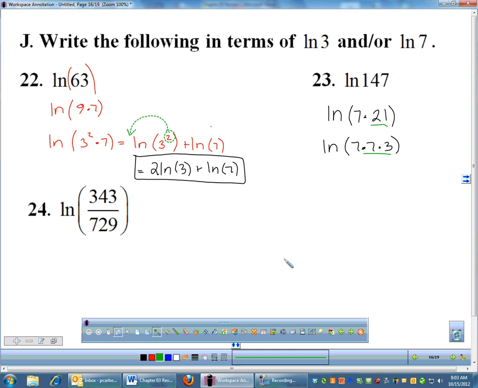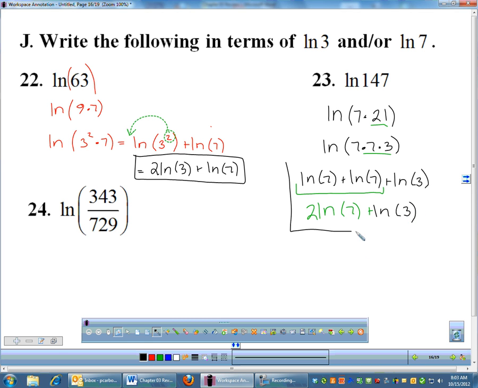And now I have all 7s and 3s, and I can split this up into the ln of 7 plus the ln of 7 plus the ln of 3. And if you really wanted, I'm okay if you stop right there. But I have 2 ln 7s, which can be combined into 2 ln 7 plus the ln of 3. I would accept either one of those answers. You don't have to combine those two, but just showing you that that is indeed an option.